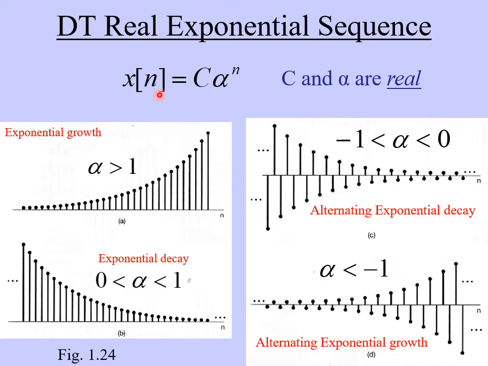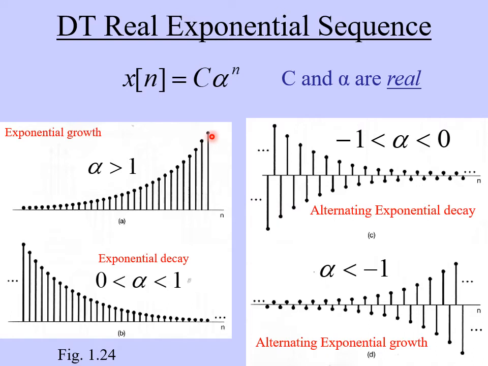So there are a bunch of different cases here depending on the value of alpha. Let's take the first case where alpha is greater than 1. Alpha could be 2, 3, 4, something like that, or it could even be a fraction like 1.5. Well, if this number is greater than 1 and we're raising it to the nth power, then we have a sequence that is growing exponentially like this.